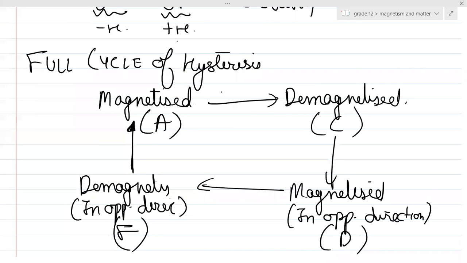Now tell me one thing: during this whole cycle, when you keep on doing work on the dipoles to rotate and align them, are the dipoles so easy to handle? Suppose you are lying on a bed, and a guy comes and picks you up and puts you in the opposite direction, and then again does it.